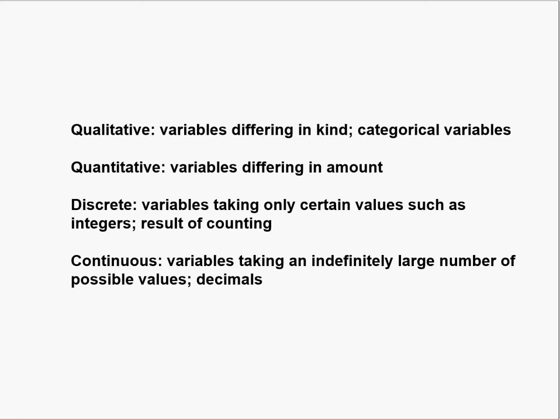If you want to increase the level of precision, you can take many decimal places. That's one of the reasons why you have such a large number of possible values for continuous variables.